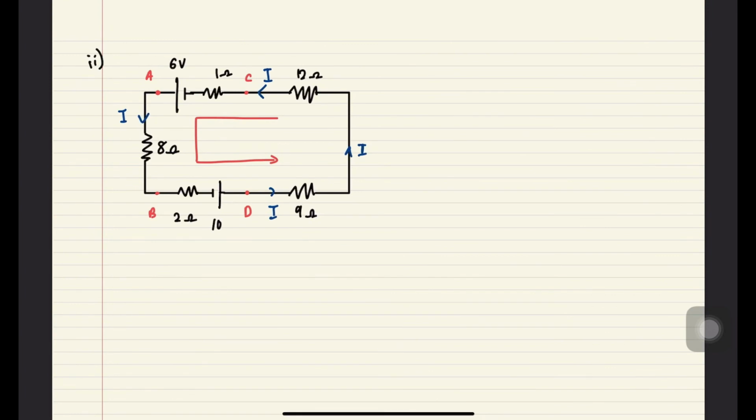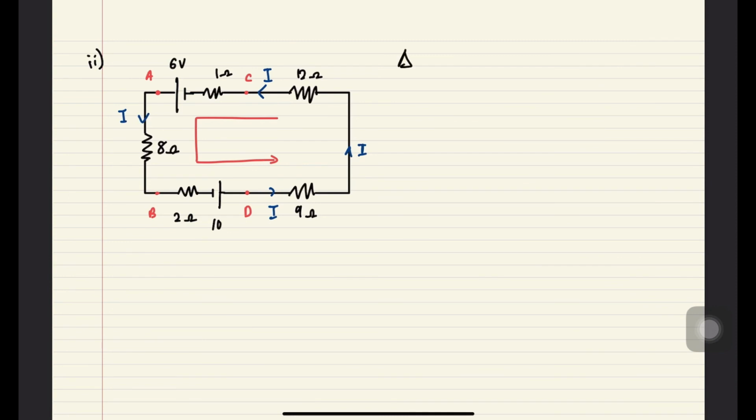For the second question, the question wants you to find the potential difference across point A and point C. You can use two directions: you can flow from A to C, or you can use this direction like that. Both answers will have the same magnitude, but one will be negative and the other positive. Let's look at both methods.